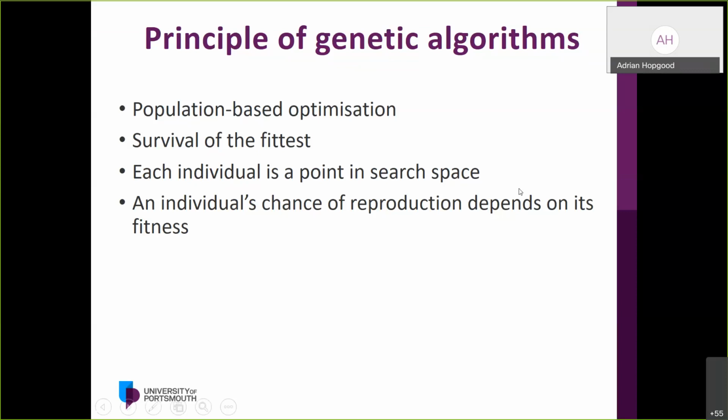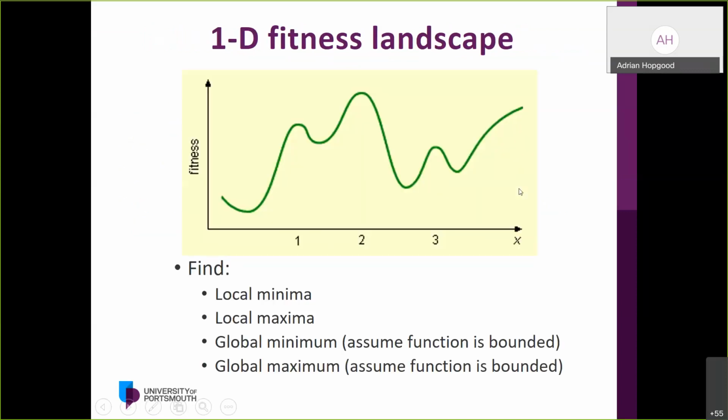So let's see what that means in a bit more detail. What you're trying to do with genetic algorithms and optimization in general is to find an optimum combination of variables. In a simple one-dimensional fitness landscape, as I've drawn here, there are various maxima and minima. Here are some minima that I'm pointing at.